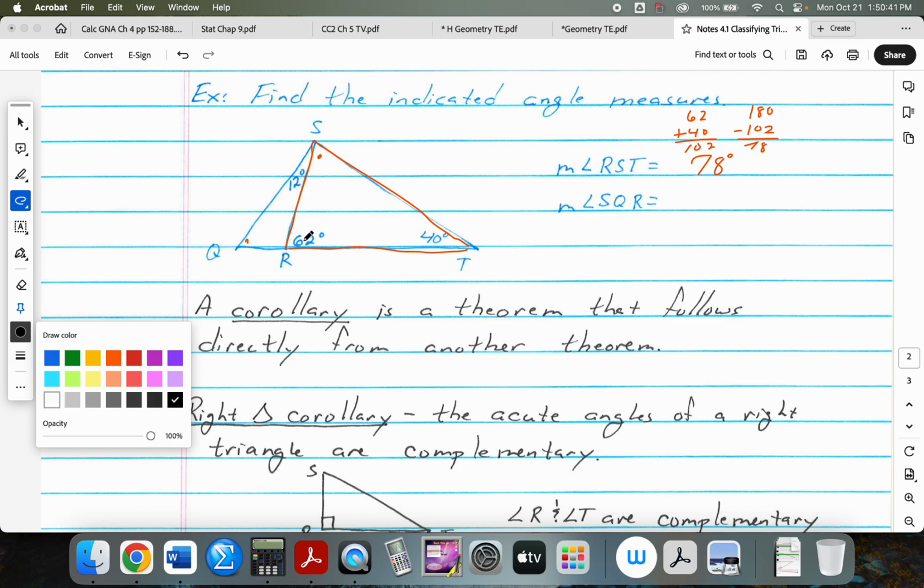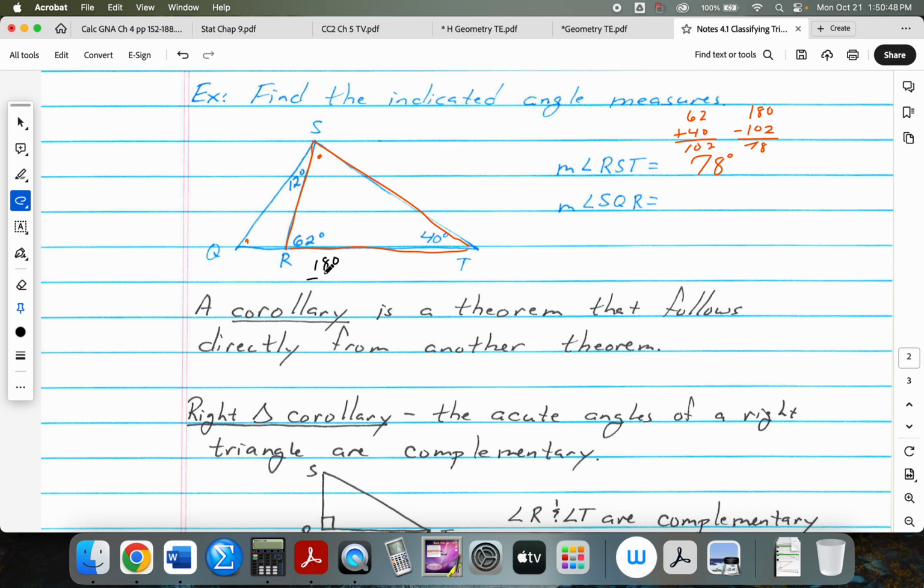One way to do it would be to go ahead and find this linear pair right here. 180 minus 62 is 118. So then 118 plus 12 is 130. And 180 minus 130 is 50.